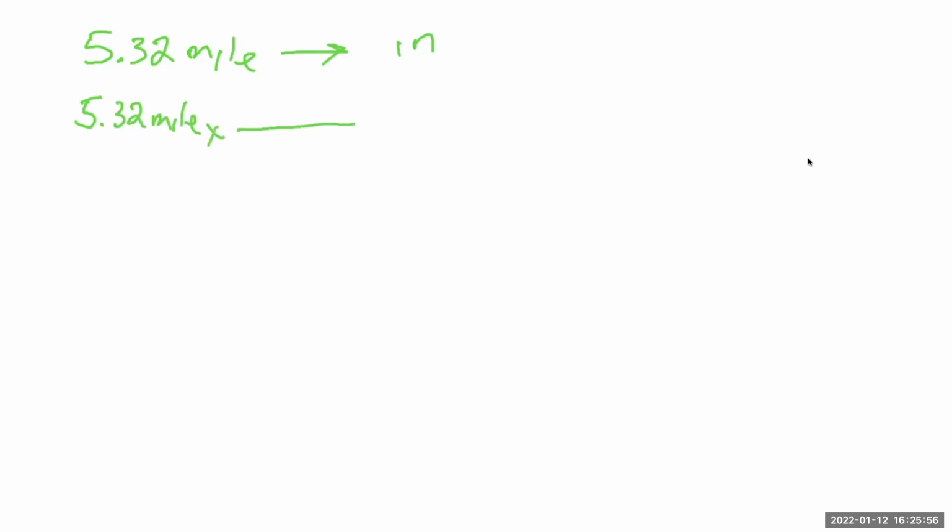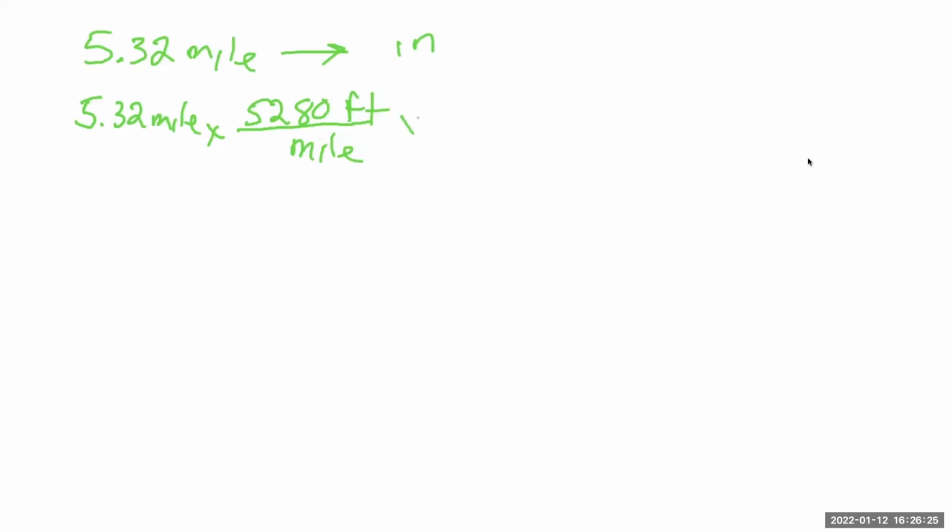Times. So what goes on the bottom? Miles. And one of the conversions I know off the top of my head is there's 5,280 feet in 1 mile. Okay. So now I've gone from miles to feet. Now feet, I can go to inches, right?